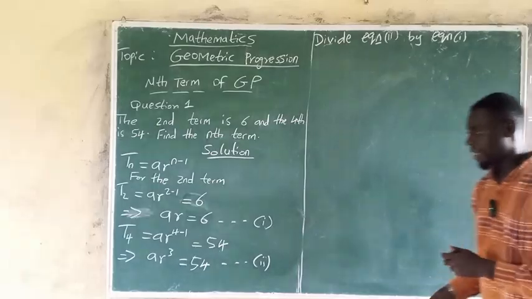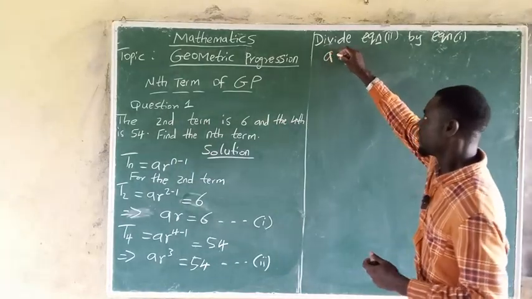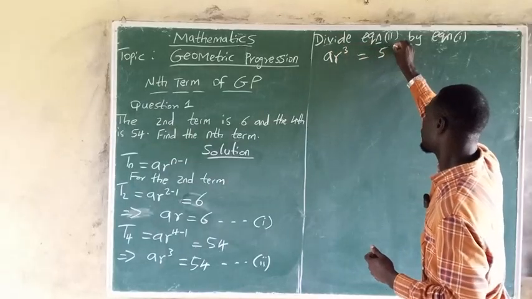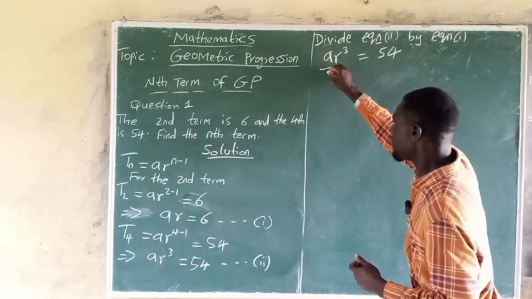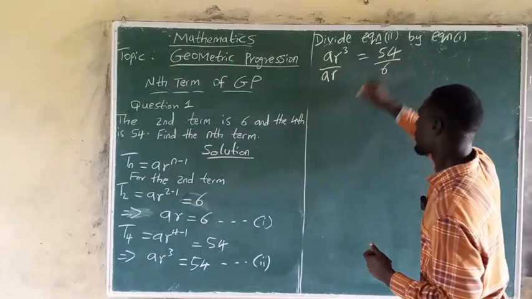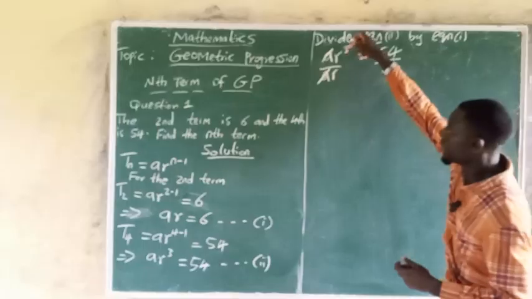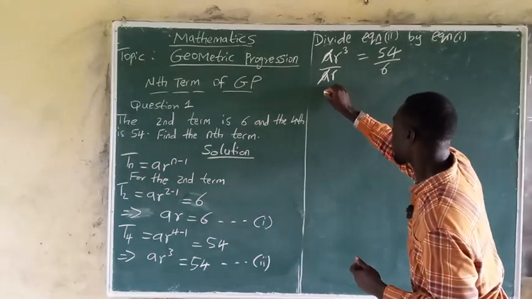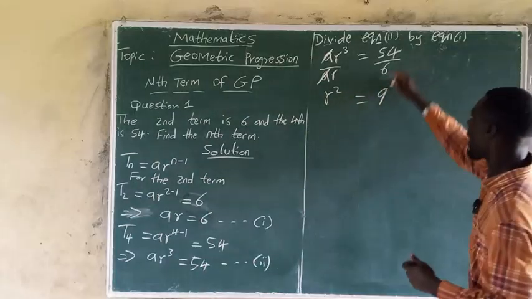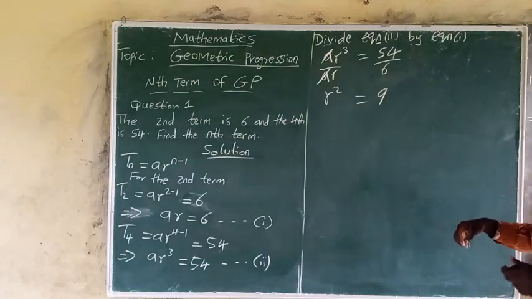That simply means A R raised to the power of 3 is equal to 54, divided by A R, which is divided by 6. So this will cancel this. One of the R's will be taken away from the power 3. So you end up having R squared is equal to 9, because 54 divided by 6 gives you 9.